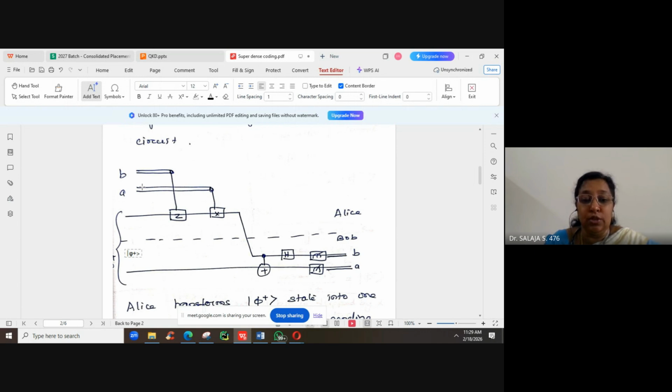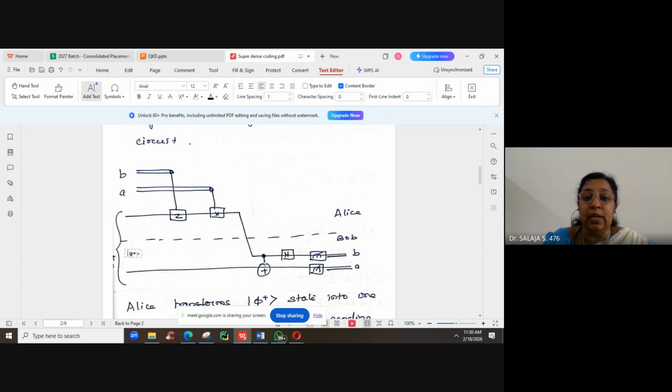Then this information is combined with the Bell state phi plus, which is a shared E bit between Alice and Bob, and is transmitted to the Bob side.